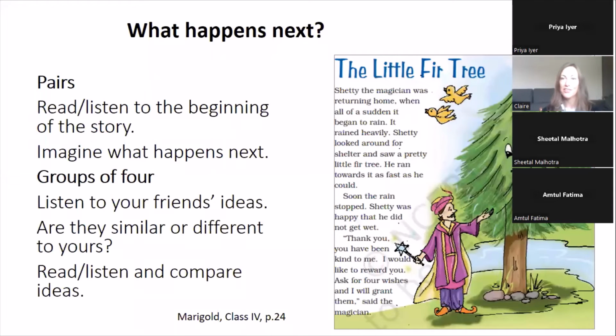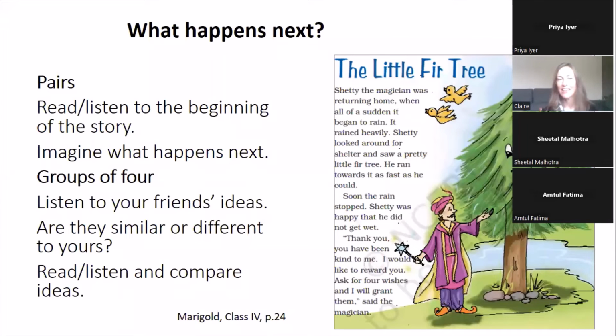So I've done the first bit. You've listened to the beginning, and then with your partner, we're doing this in pairs. You're imagining what happens next. This is a speaking activity. And then I'm going to join the pairs and make groups of 4 again, just by turning round or turning to your left or right. And students compare their ideas. Do they have the same ideas or not?